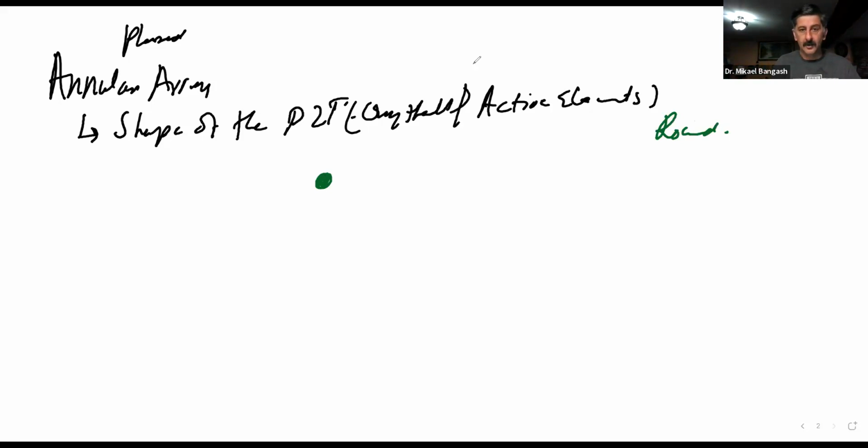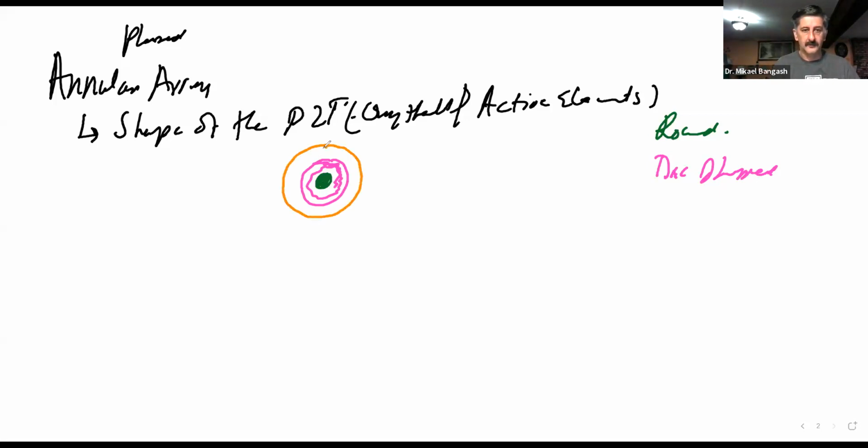So that one is going to be round, whereas whatever is surrounding it will be disc shaped. We have another crystal or PCT that surrounds it as well, like this, which is also disc shaped.